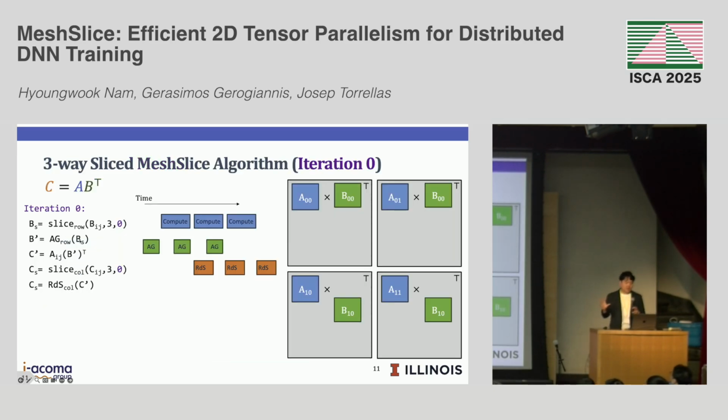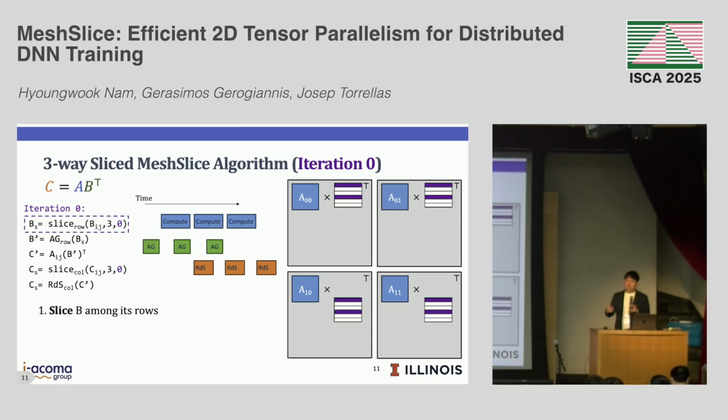So let me visualize how this slicing and algorithm works here. This is the same C equals A B-transpose GEMM, where A remains stationary, B flows vertically, and C flows horizontally. Because we have three-way slicing, it's done in 3 iterations, and I'm showing the first iteration first. This iteration begins with slicing B by its rows. We're taking every third row of the B shard, as shown in purple color right here.